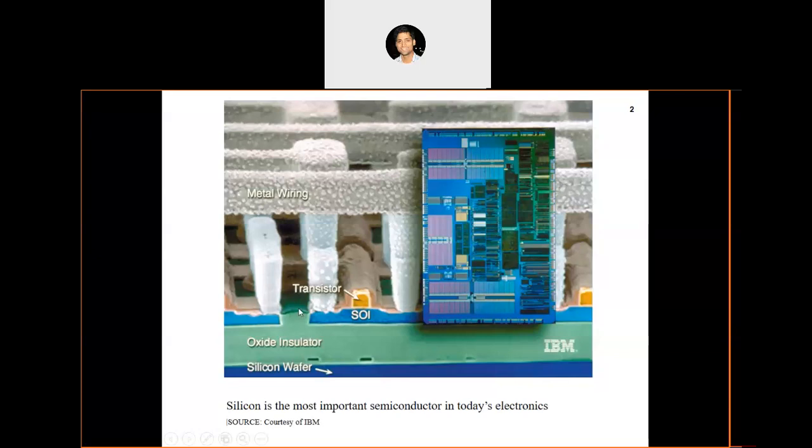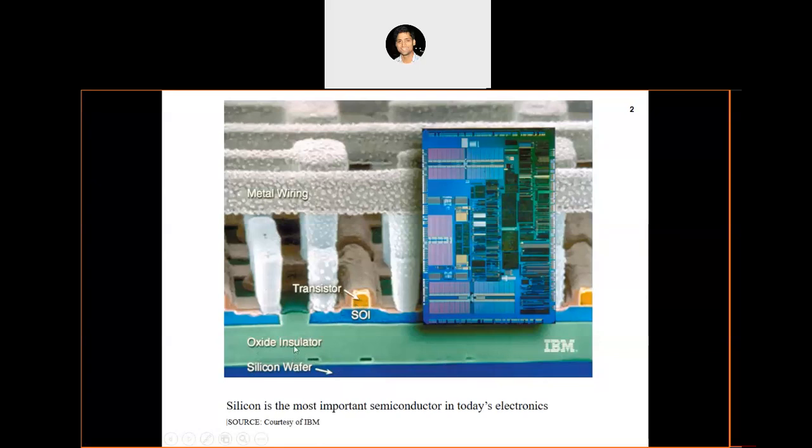But if you zoom in, in this microscopic picture, you will see this sort of picture. This is taken from one of the chips produced by IBM. What you can see here is the transistors. At the bottom there is a silicon wafer.